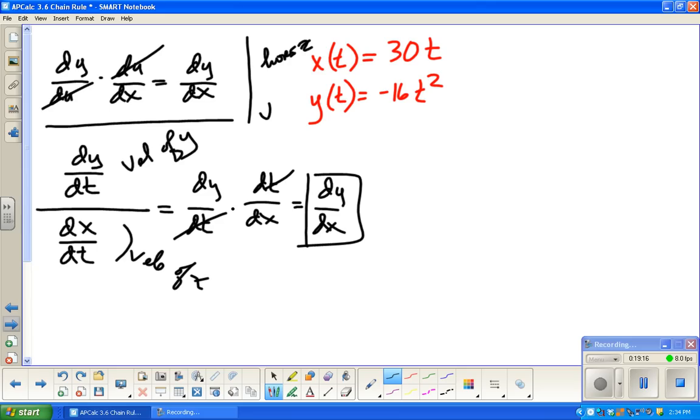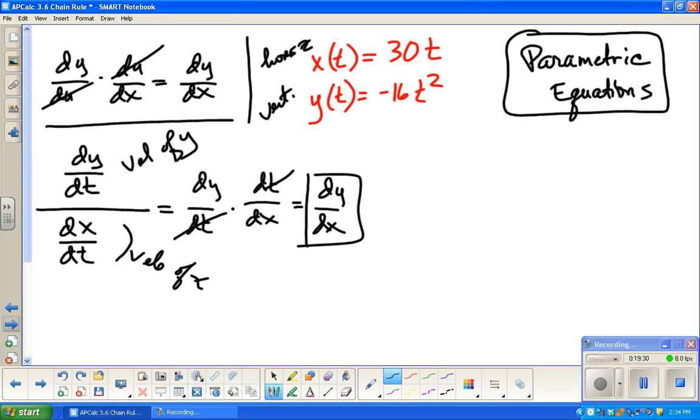This is the vertical equation, and these are called parametric, and I don't believe we did this in pre-calc last year. We just didn't have time to do everything. Parametric equations are equations that are both written in terms of some third variable called a parameter. And the most common parameter is t.